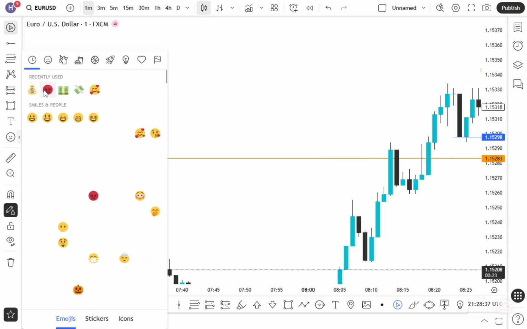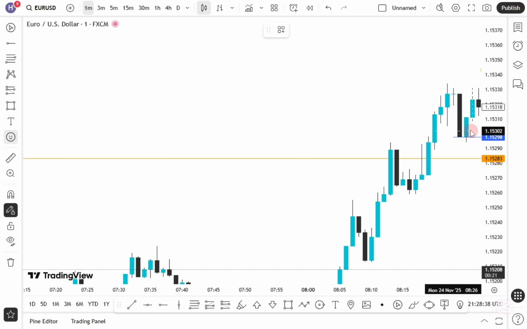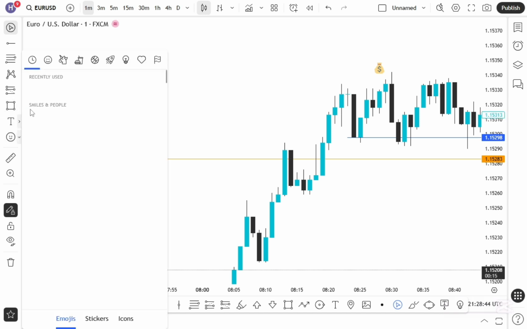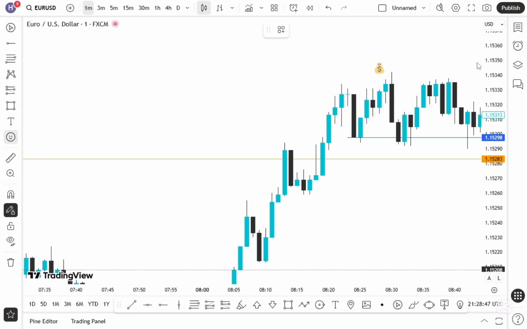Something like this. This is the wick of this candle. I'm looking for a candle that will cross below this.